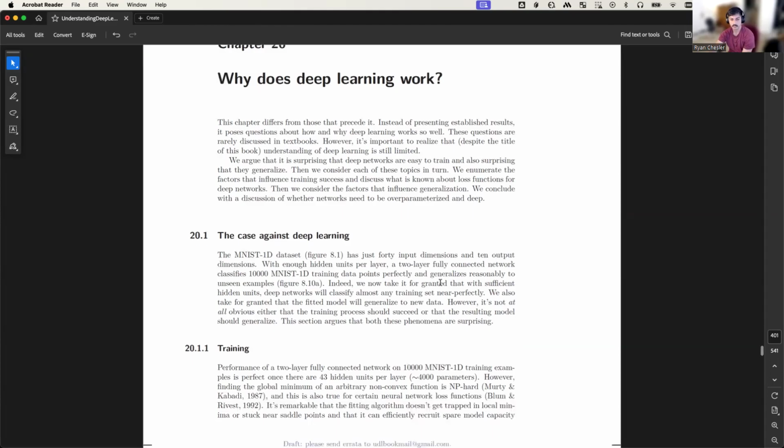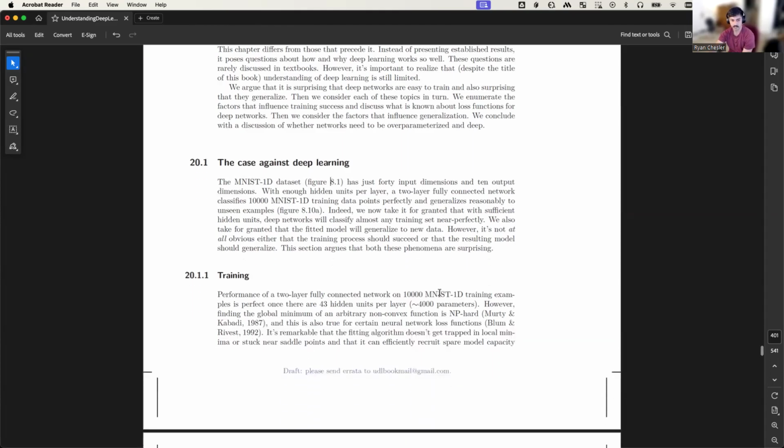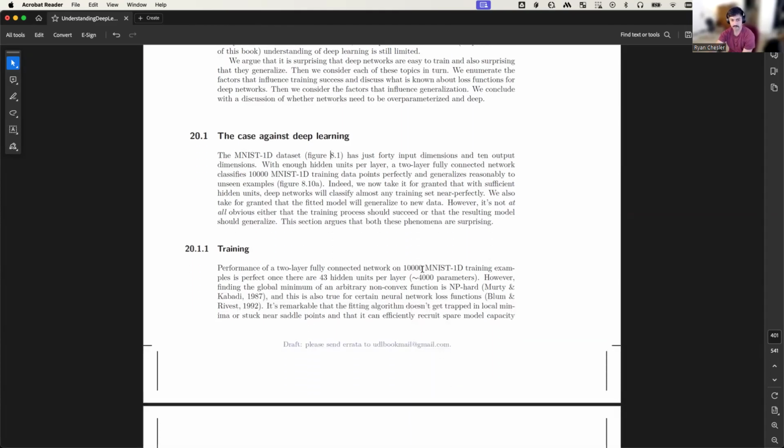To start, the author was walking us through mathematically why this is so unlikely. They were showing that we have these data sets, and then we have architectures that are matched to them.